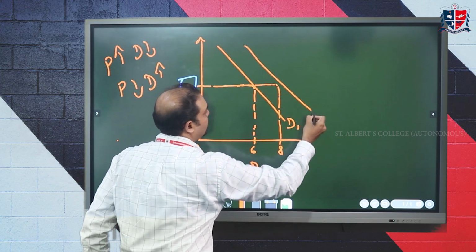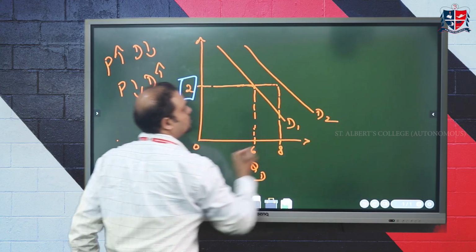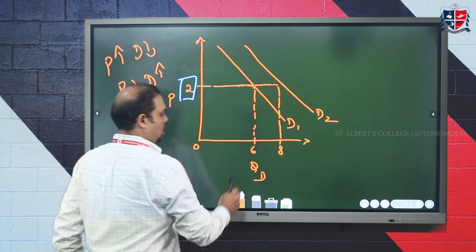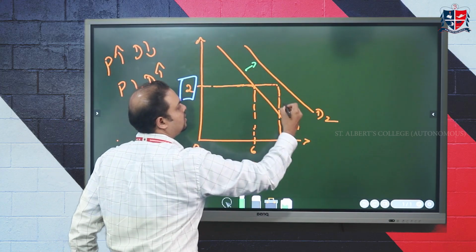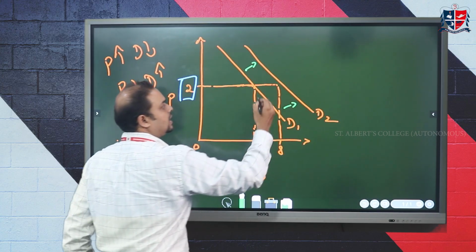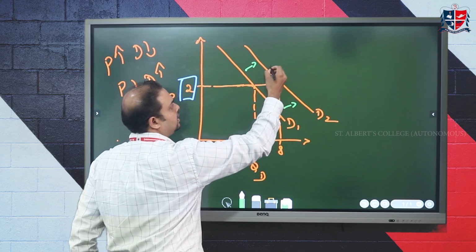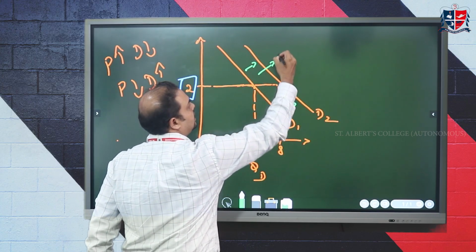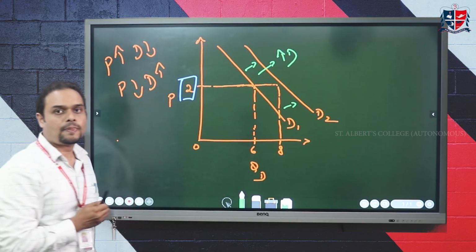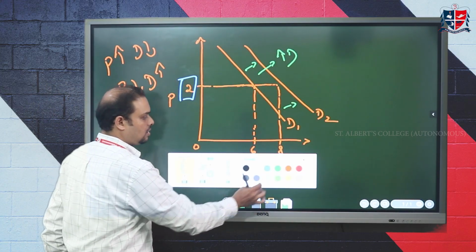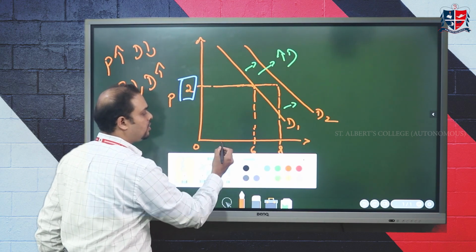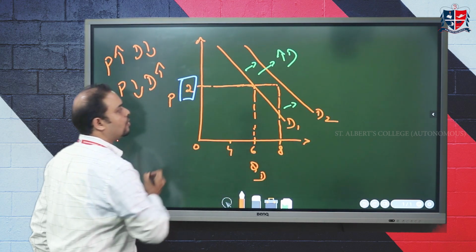So I'll have a new demand curve, which is D2. This is a shift in the demand curve, as you can see here, which means there is an increase in demand. Now we'll see what happens when demand decreases. I'm assuming the demand will decrease to somewhere around 4.